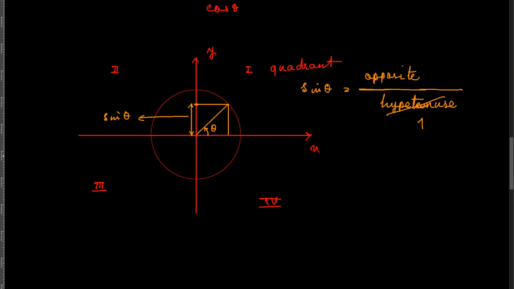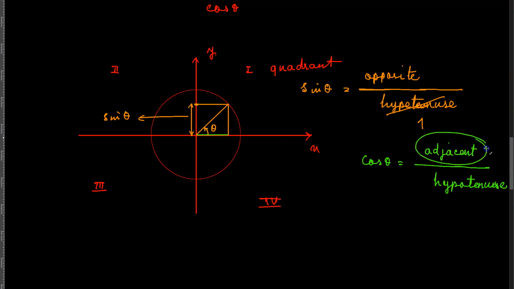Now cos of theta, as we argued before, is equal to the adjacent side to the hypotenuse side. So the adjacent side is this length over here, right? If you divide it by the hypotenuse, your hypotenuse is already 1.